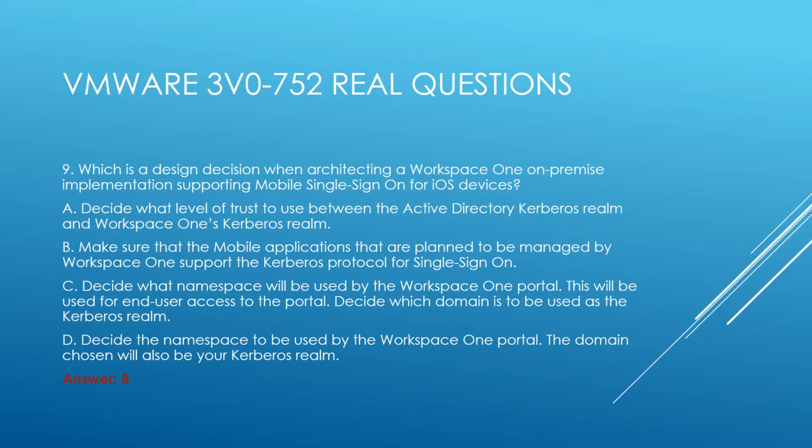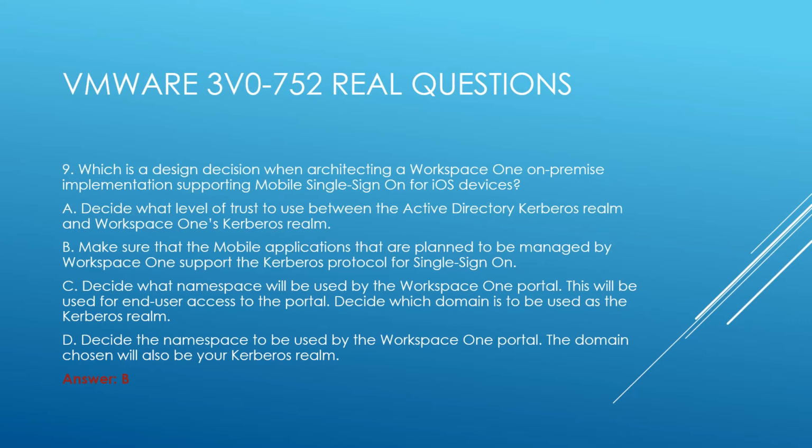9. Which is a design decision when architecting a Workspace ONE on-premise implementation supporting mobile single sign-on for iOS devices? A. Decide what level of trust to use between the Active Directory Kerberos realm and Workspace ONE's Kerberos realm. B. Make sure that the mobile applications that are planned to be managed by Workspace ONE support the Kerberos protocol for single sign-on. C. Decide what namespace will be used by the Workspace ONE portal.